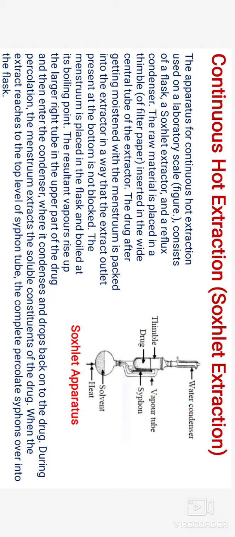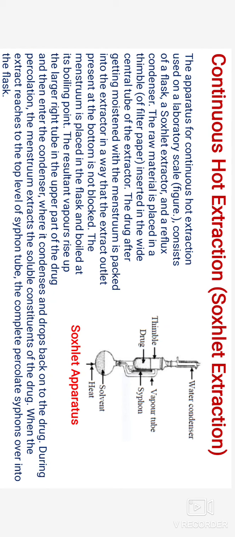In that, the thimble is placed in this apparatus. The solvent is heated in the round bottom flask. The evaporated solvent passes through the side tube of the extractor and is condensed in the condenser.